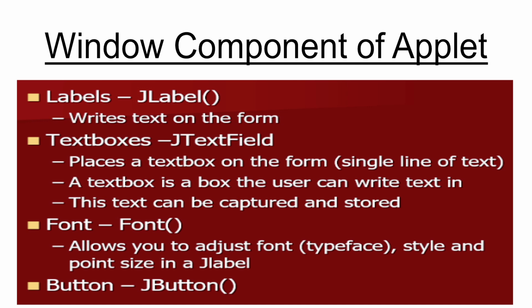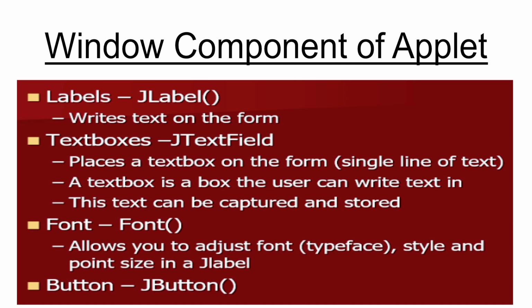So JLabel writes text on the form. JTextField places a text box on the form, single line text, not multiple lines. Suppose we have to write multiple lines, a paragraph, then we will use JTextArea in place of JTextField.